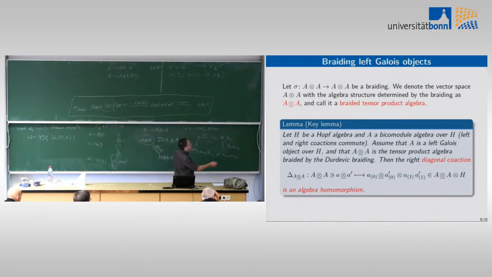Okay, and I'm sorry, I was speaking a bit too fast. I didn't read the assumptions for you. This is what was already needed for the key lemma, of course.